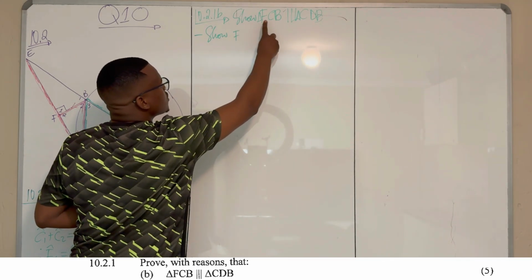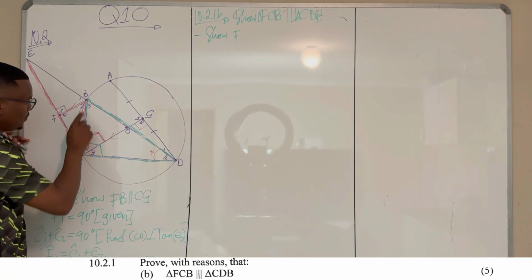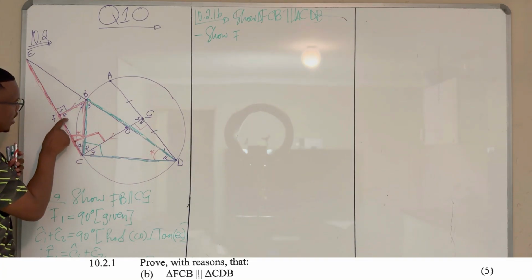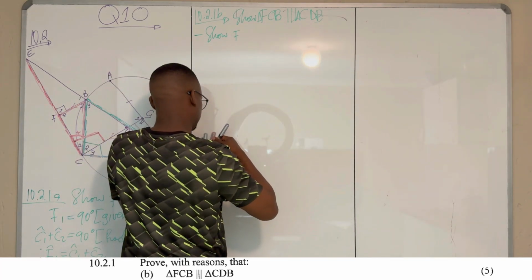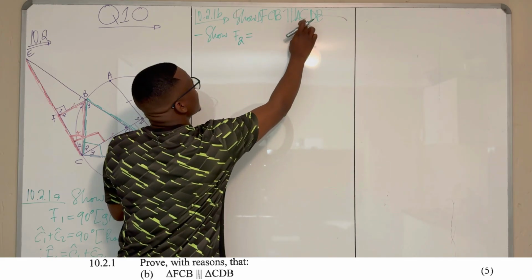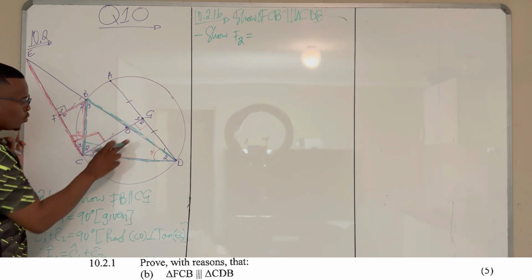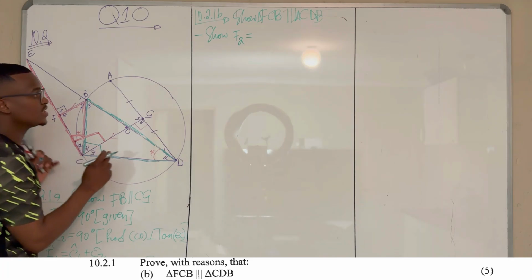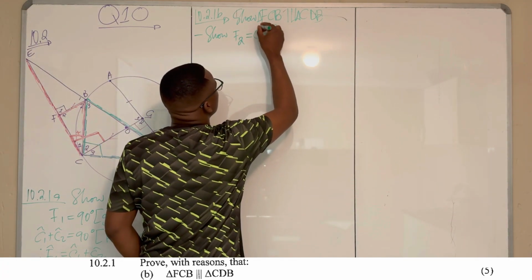Let's go to FCB and find angle F. So your FCB, which is your angle F2 over here, you must show that your angle F2 is equal to that angle C of the second triangle. The second triangle is the green triangle, which should be equal to C2 plus C3. So it should be equal to C2 plus C3.